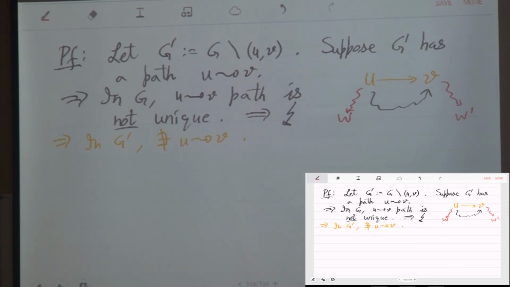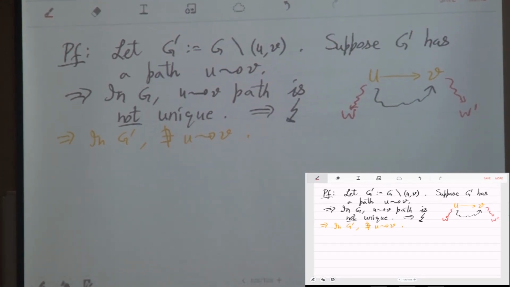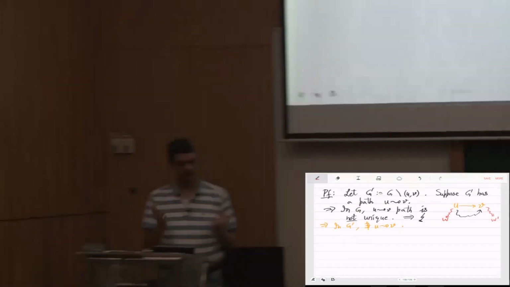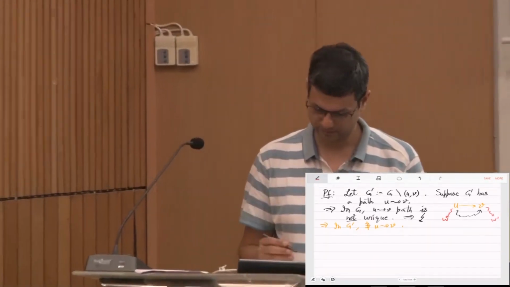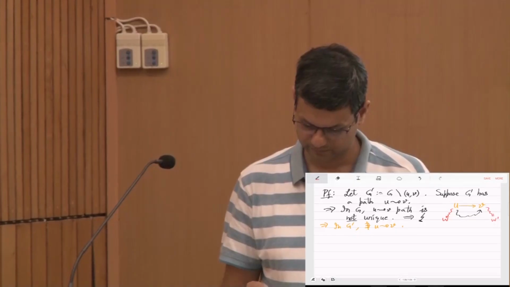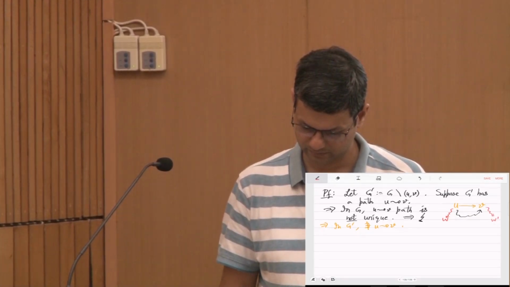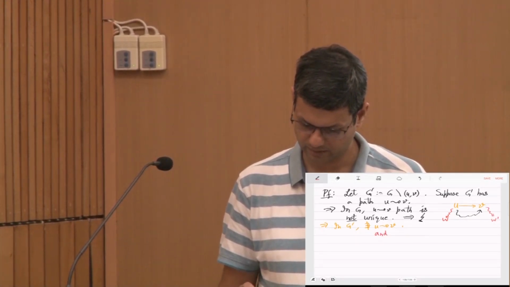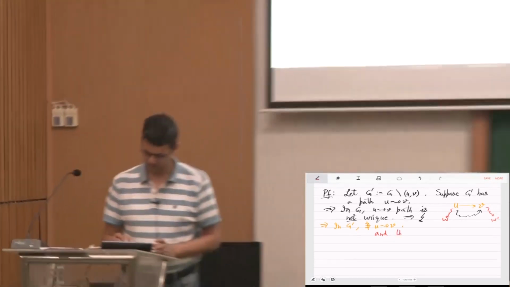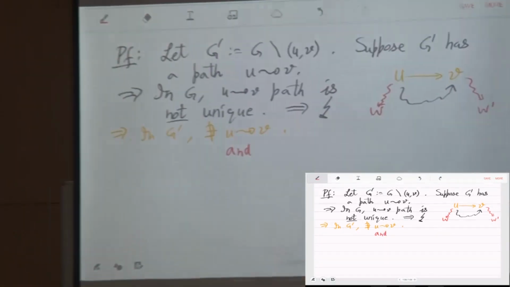Yes, but if you look at the vertices W that are connected to U without using the missing edge, they remain connected, and symmetrically for V, right? So you get two connected components. And G prime has two connected components.